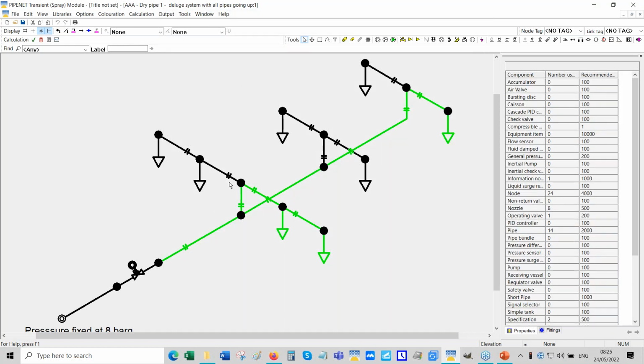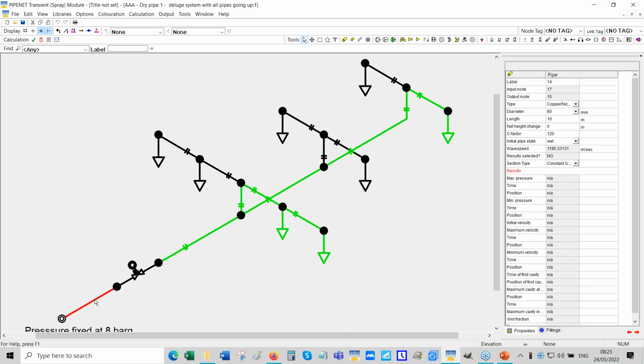See now, you can see that there is this hash sign. So this is a typical deluge system. The pipe upstream of the deluge valve is flooded, whereas all the pipes downstream are dry in the initial state. You cannot say it is a state because it is dry only initially.